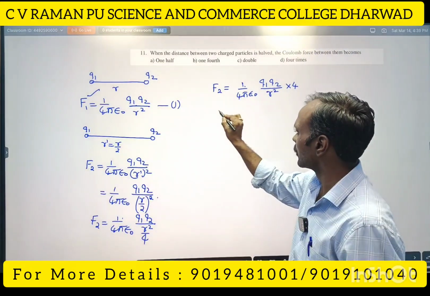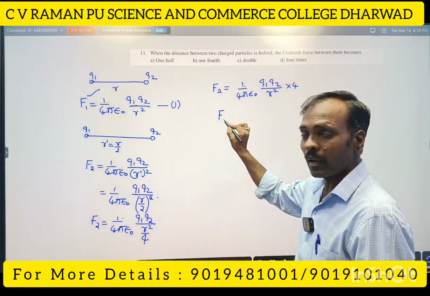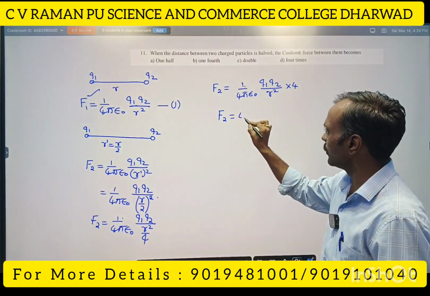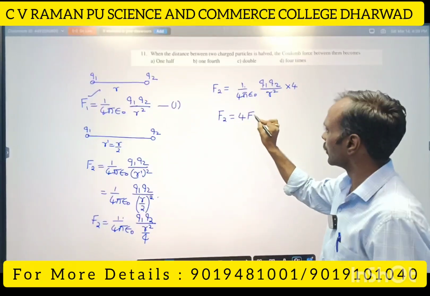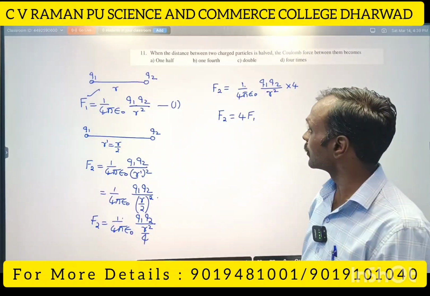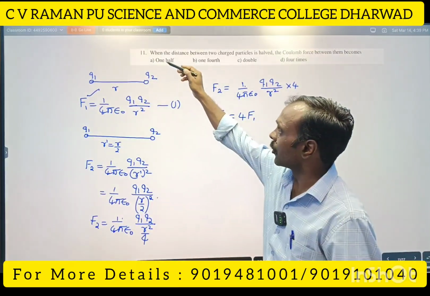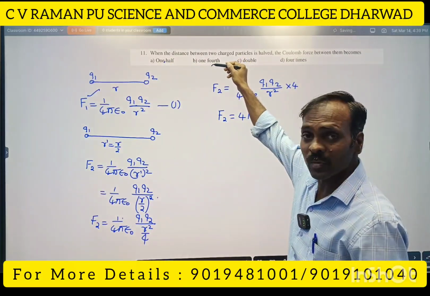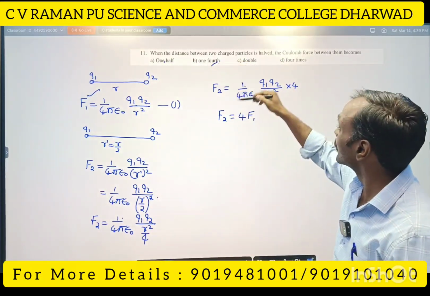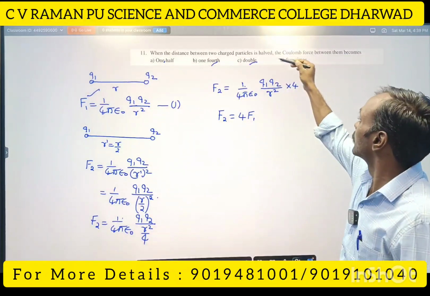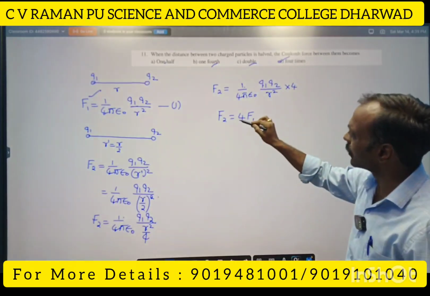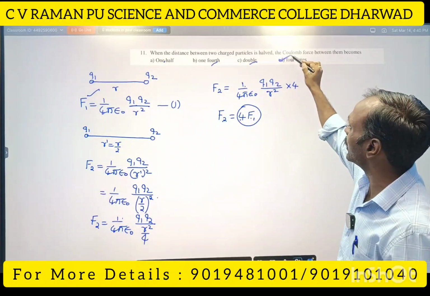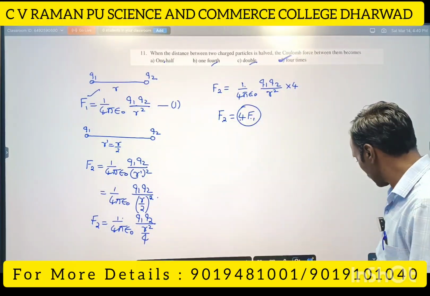F1. So finally our answer is F2 is equal to 4 times the initial force F1. Now see the options. Option A becomes 1/2, no. Becomes 1/4, no. Doubled, no. Becomes 4 times. Here the new force becomes 4 times the initial value. So option D is the correct answer.